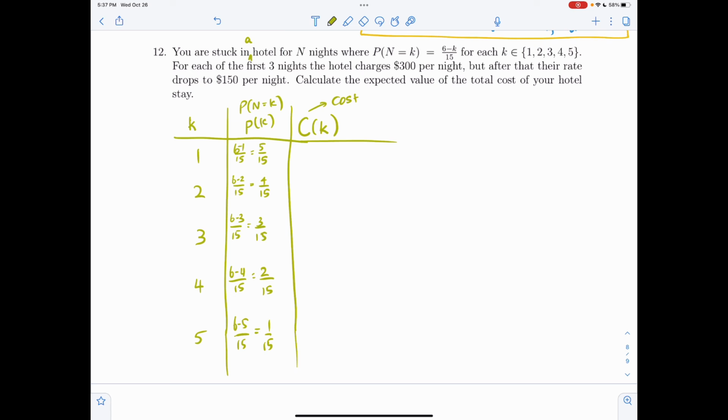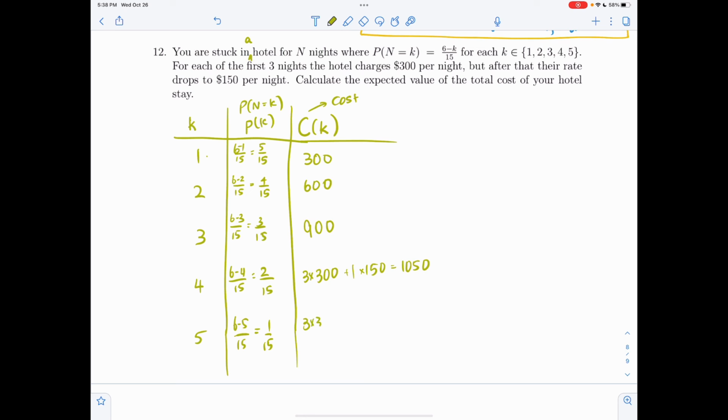Okay, so now what's the cost if you're stuck for 1 night? It is $300. What is the cost if you're stuck for 2 nights? It is 600. If you're stuck for 3, it is 900. If you're stuck for 4, it is 3 times 300 plus 1 times 150.